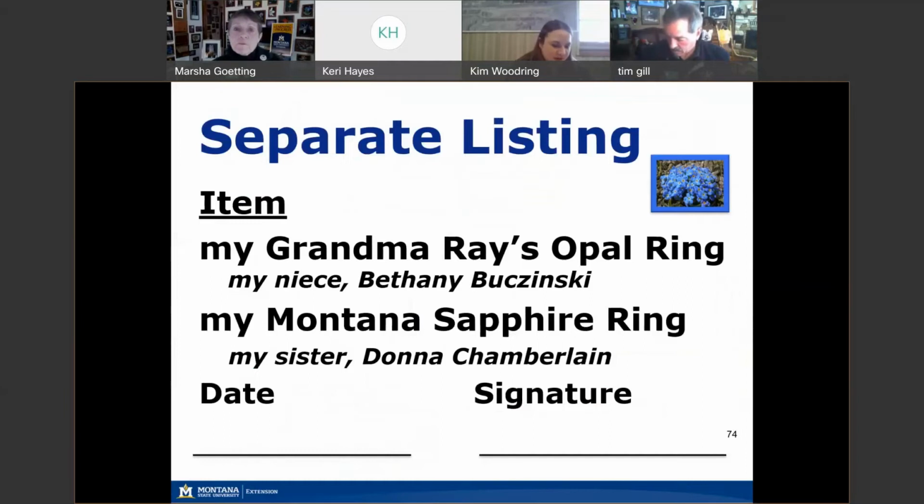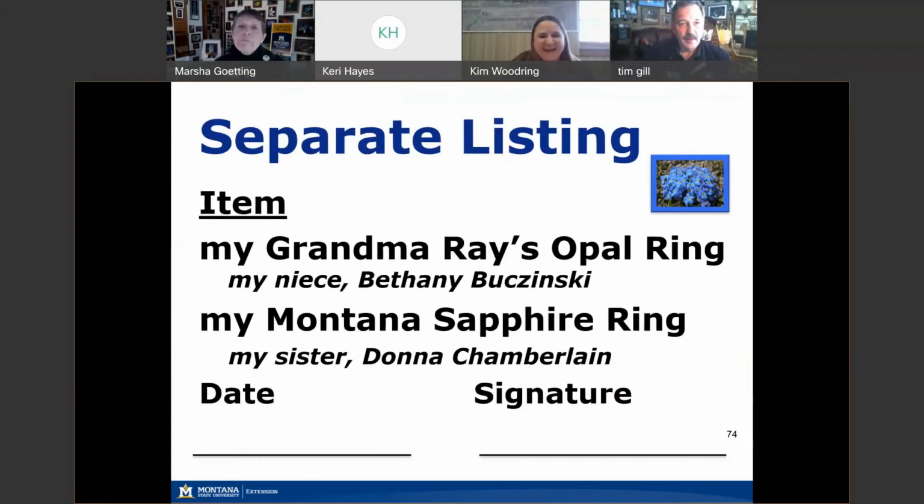Yeah, you'll want to have a separate listing, and it should look something like this. It says, my grandma Ray's opal ring, and who it goes to, her niece, Bethany. This is a good example of being very specific in case there's another Bethany, I don't know how to pronounce it, Buzinski out there. Yes, yes.